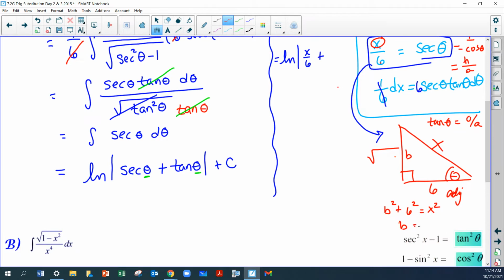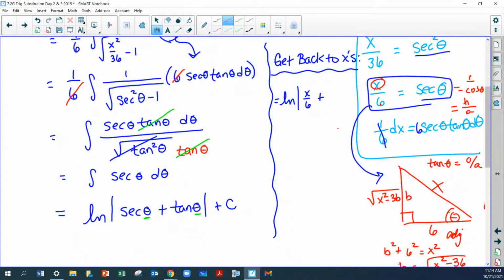Solving for b, I would get x squared minus 36, and then I'd have to square root because I needed to get from b squared down to b. Oh, so this side is square root of x squared minus 36. Now I can write my tangent by looking at my triangle. Tangent, opposite over adjacent.